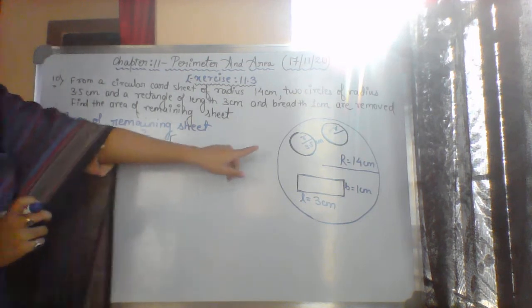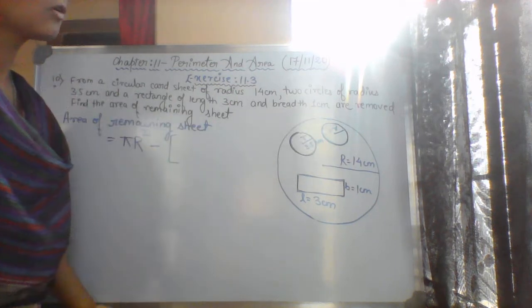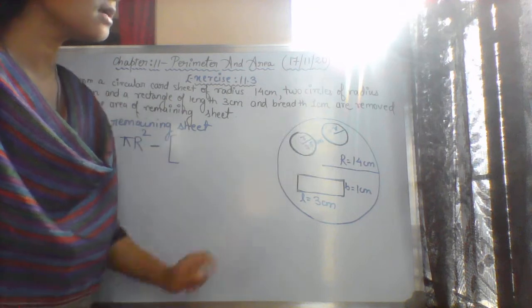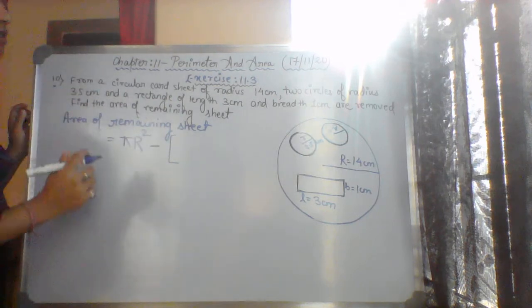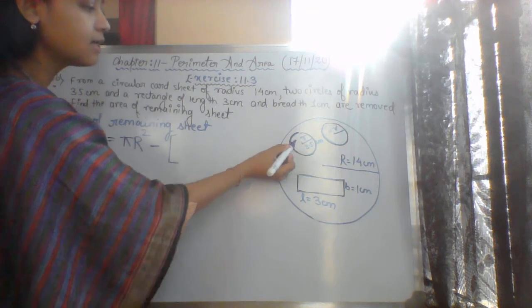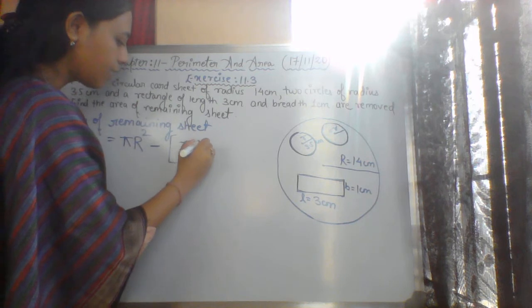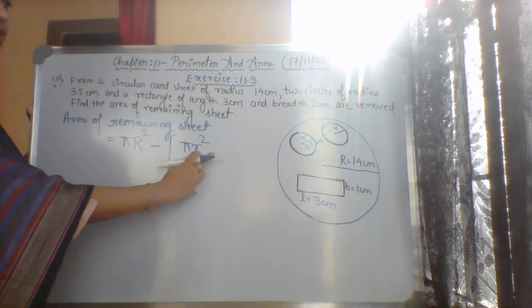now I have to remove these two circles, both of the same radius. What is the area of a single circle? I am considering the radius of the smaller circle as small r, so it will be pi small r square.